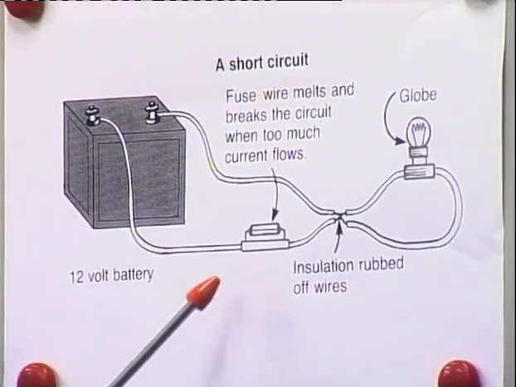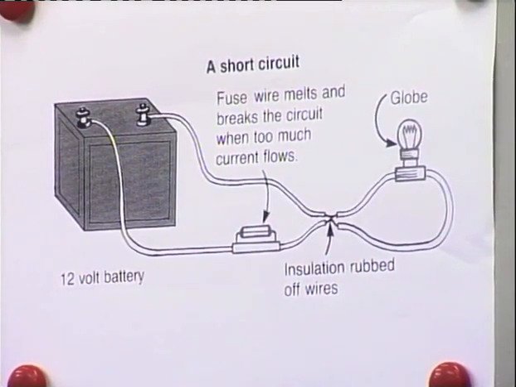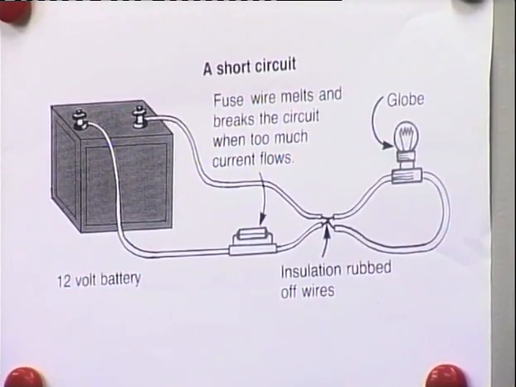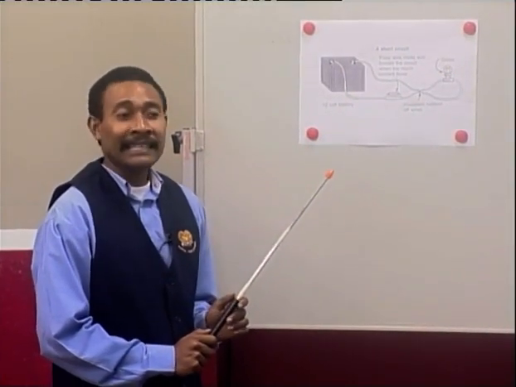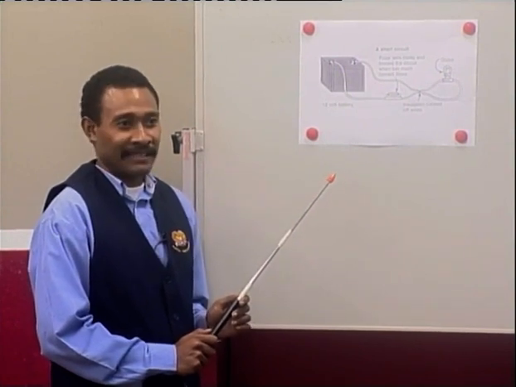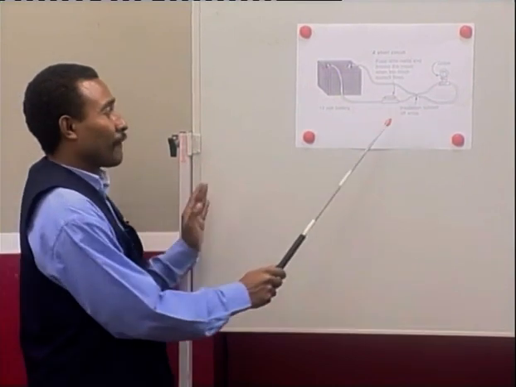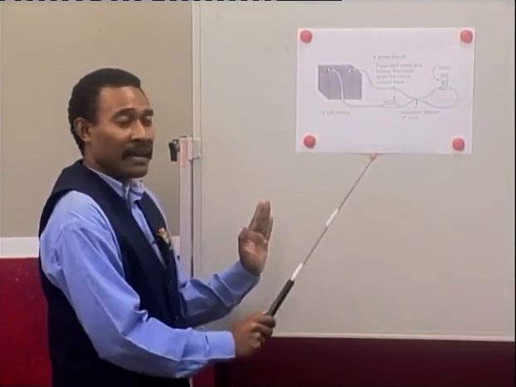The fuse is made up of metals that have a high resistance, so that when a large amount of current is flowing, it tries to stop it. But also, it has a low melting point. So when a large amount flows through, it tries to stop it, and at the same time, when it's too much, it melts.